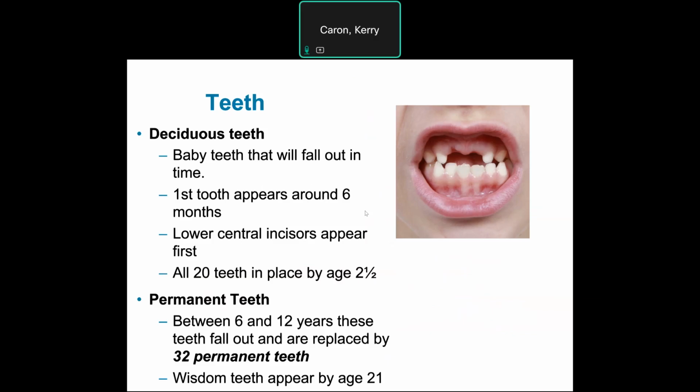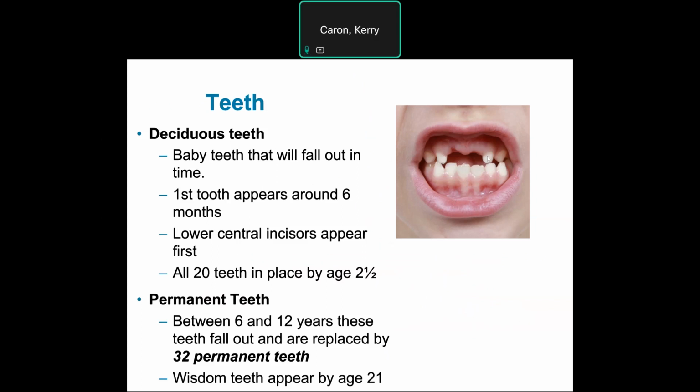Okay, a little bit about the teeth. Teeth are deciduous, which means just like deciduous trees, they fall out. So our baby teeth fall out over time. A first tooth in a baby appears about 6 months old. Usually it's the lower central incisors that appear first.